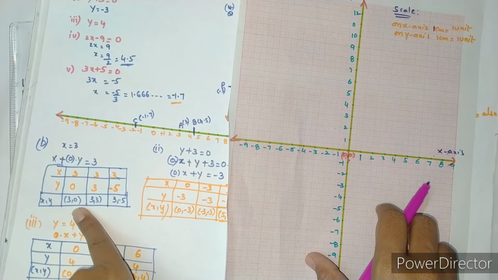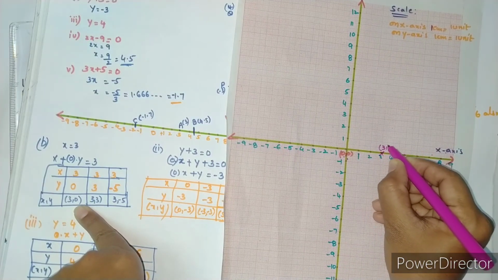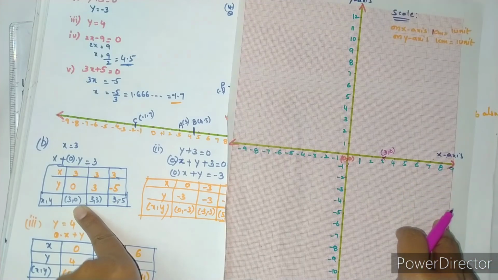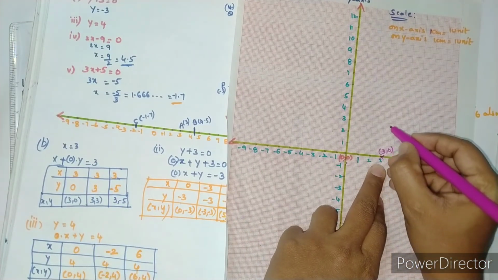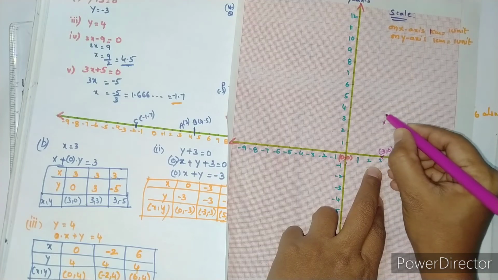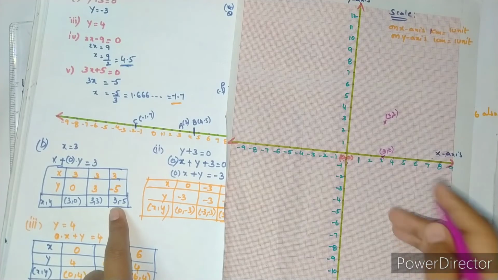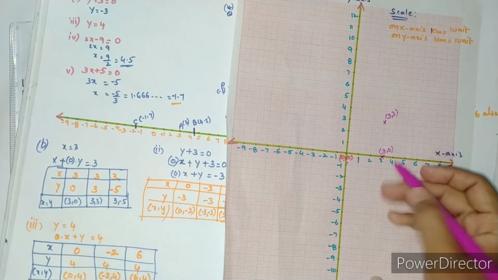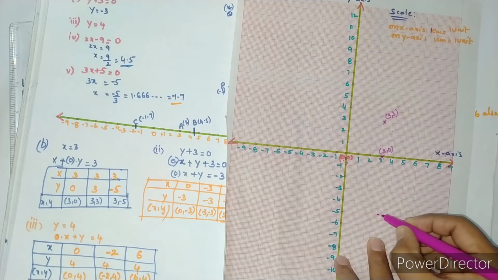Points 3 comma 0. Y is 0 means it is on the x-axis, 3 comma 0. Next 3 comma 3. On the x-axis 3 and on the y-axis also 3. Now 3 comma minus 5. On the x-axis 3 and on the y-axis minus 5.